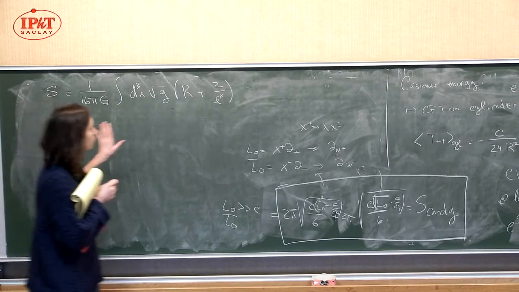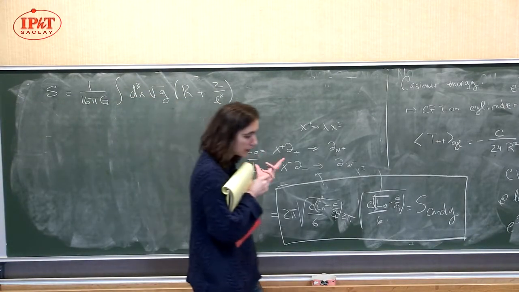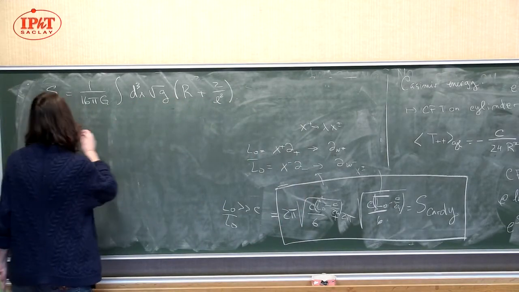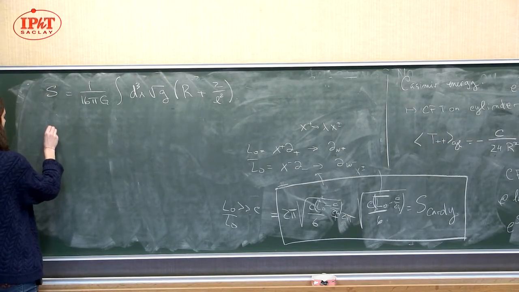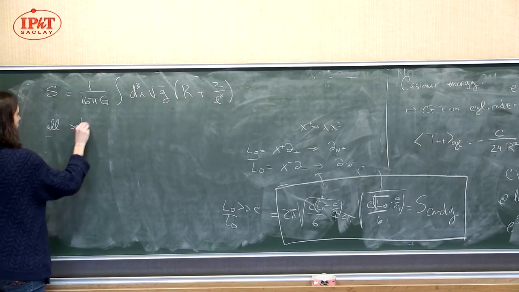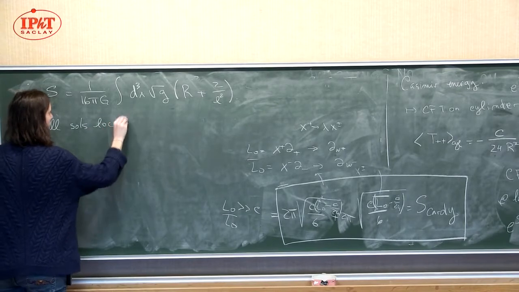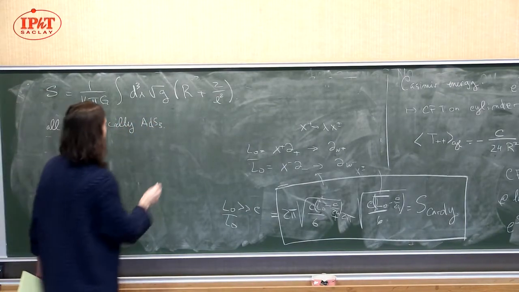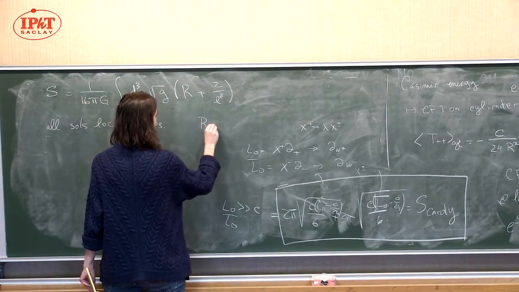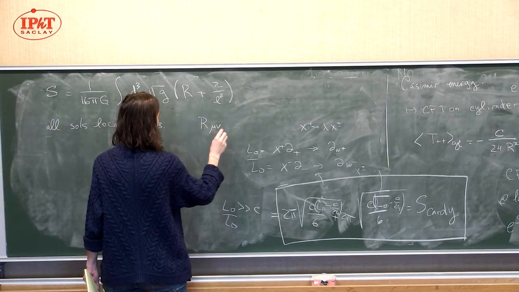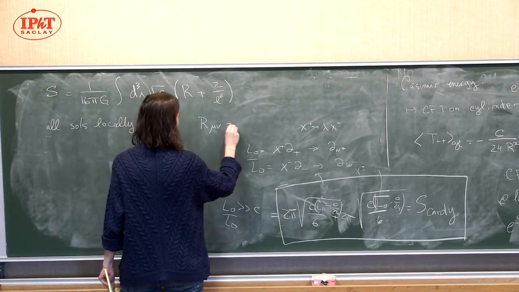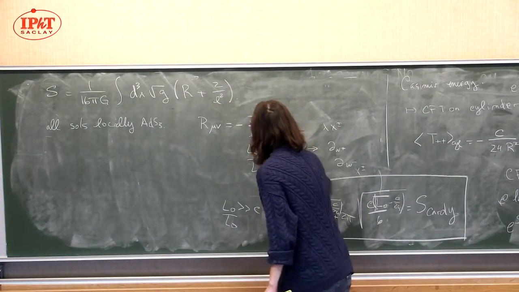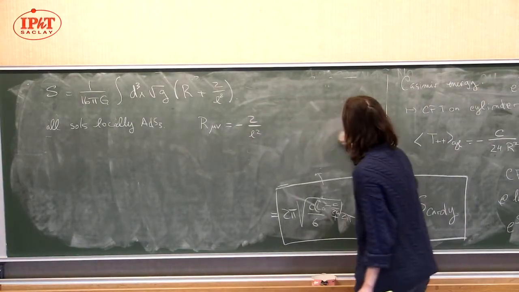So this action is incredibly simple but still interesting. First of all, it's well known that all solutions are locally AdS3. It turns out that Einstein's equations can be written as, sorry, I don't remember off the top of my head what all the constants were.